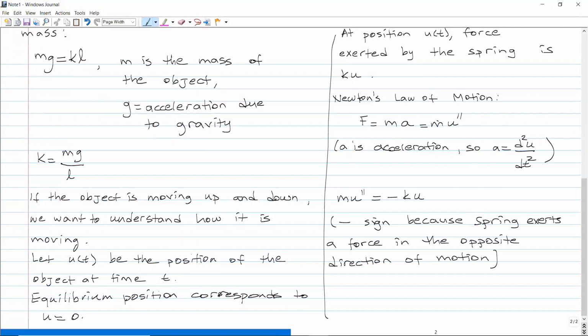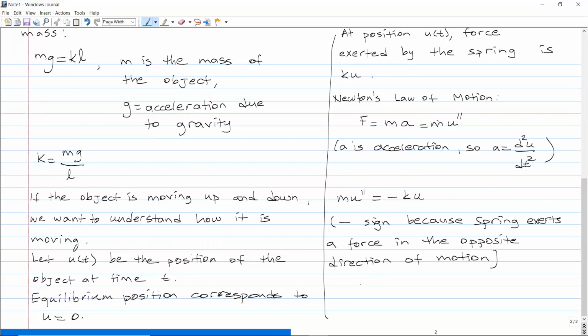And if the object is moving up, then the spring is compressed, so it tries to push the object down. So this force applied by the spring on the object is in the opposite direction of the motion. So that's why we have the minus sign.